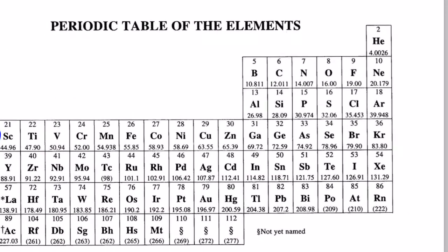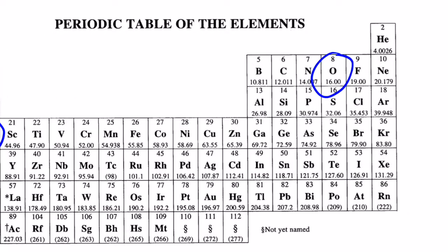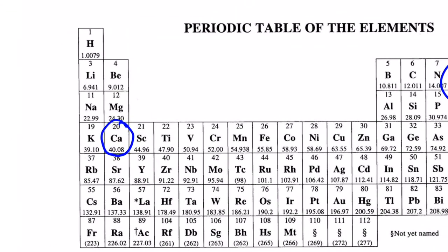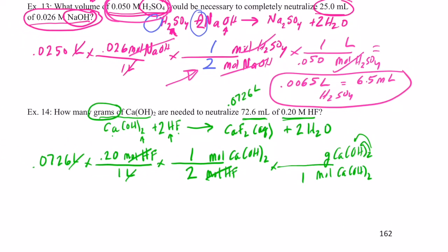So oxygen, 16.00, and there are 2 of those. And hydrogen, 1.01, and there are 2 of those. So we get 74.1 for the formula weight of calcium hydroxide.